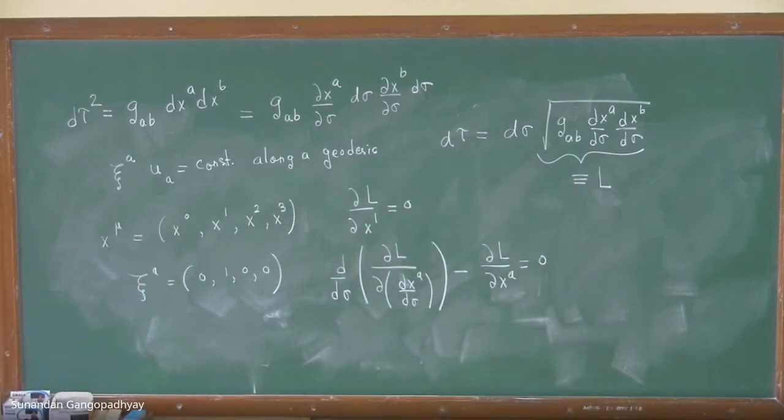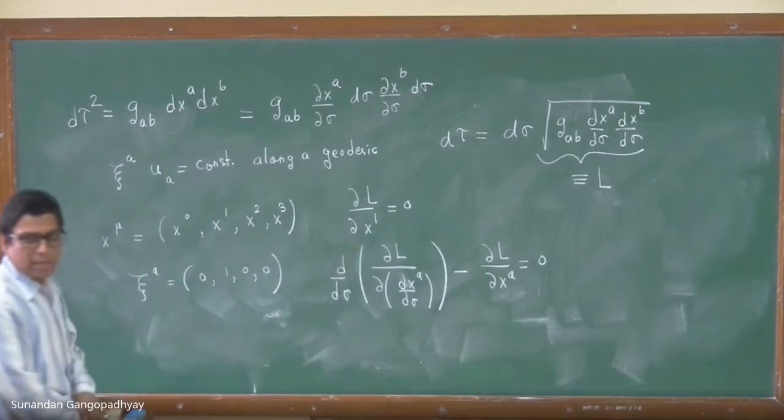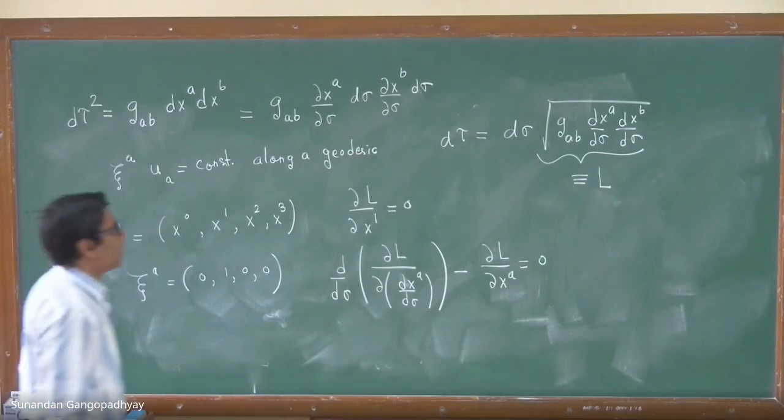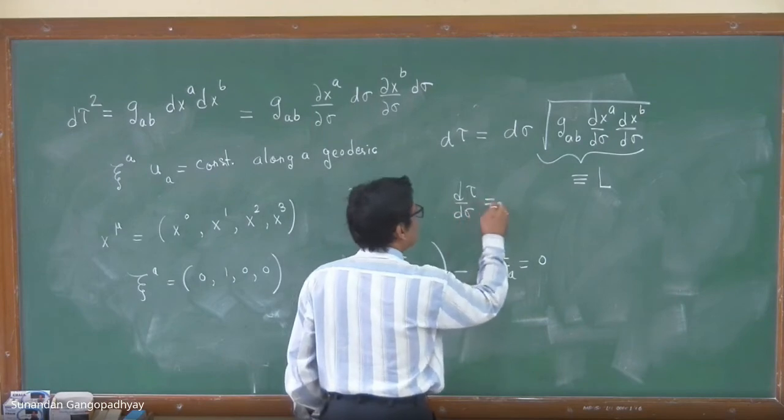Okay, that is how, given any metric, you can find out the Lagrangian of the curve when the curve is parameterized like sigma. Therefore, d tau by d sigma is nothing more than equal to the Lagrangian.